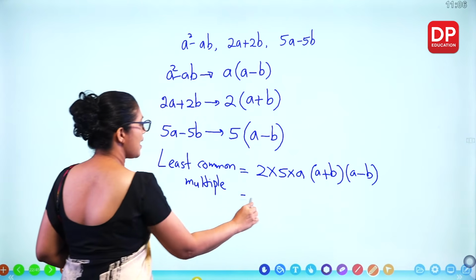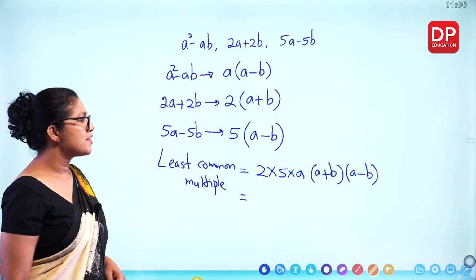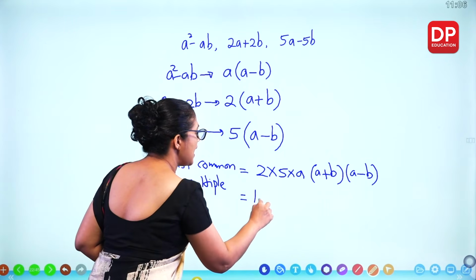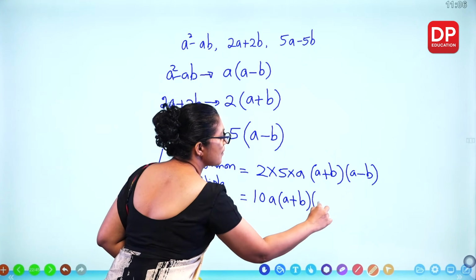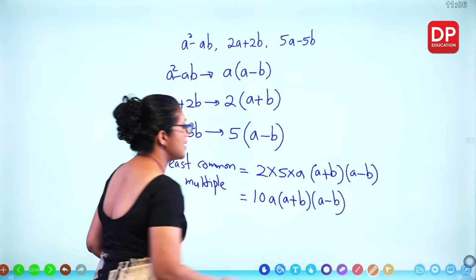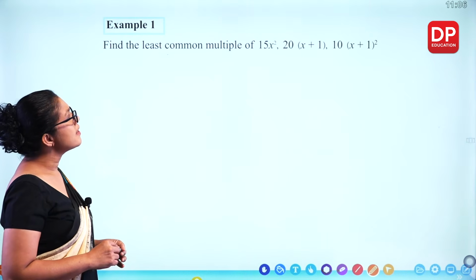So when you are multiplying, what you get as the least common multiple? 2 times 5, 10. 10 times a, 10a, a plus b, a minus b.